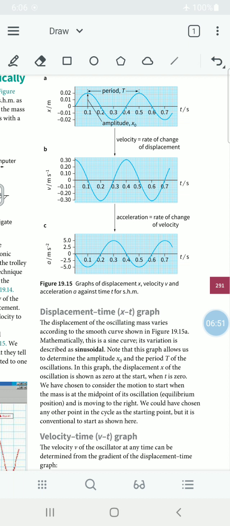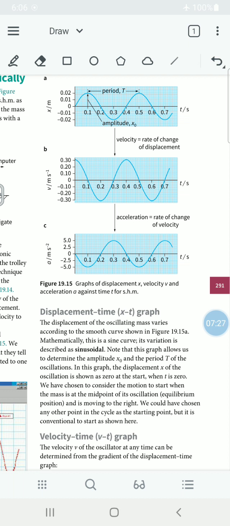In this graph, the displacement x of the oscillation is shown as 0 at the start. That means it is in the equilibrium position. Starting from the equilibrium position only, we have started measuring. We have chosen to consider the motion to start when the mass is at the midpoint of its oscillation, but without pulling it to the left or right, it would not actually go into SHM.